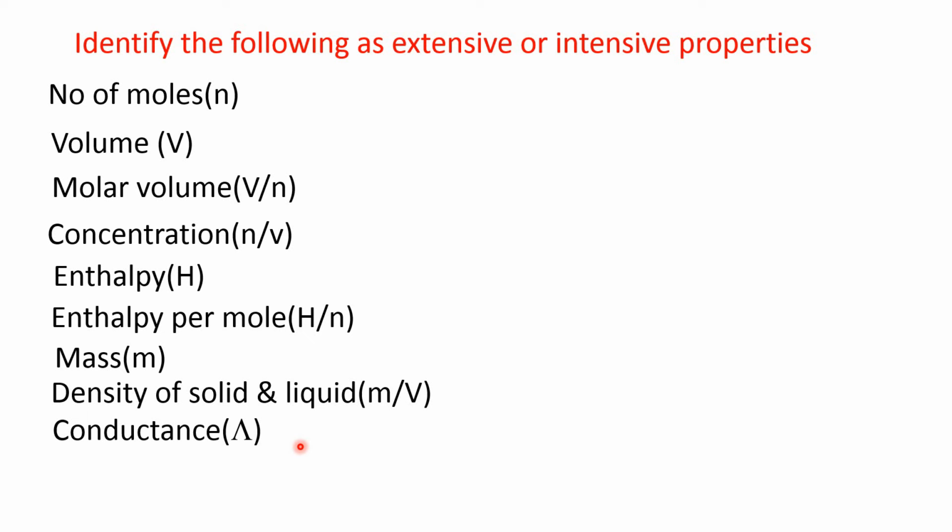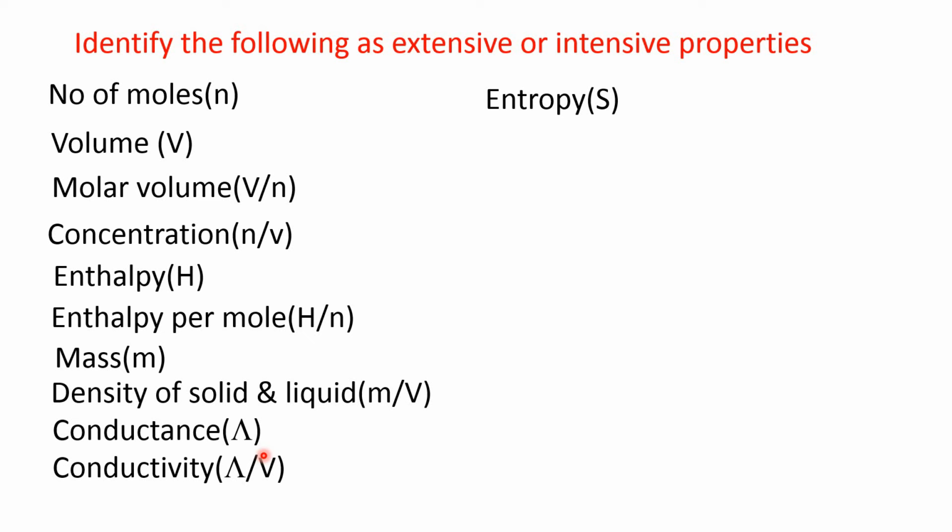So it is an extensive property. But conductivity or specific conductance, which is the conductance of 1 cc of solution, that means the ratio of conductance and volume, is the ratio of two extensive properties. So conductivity is an intensive property.